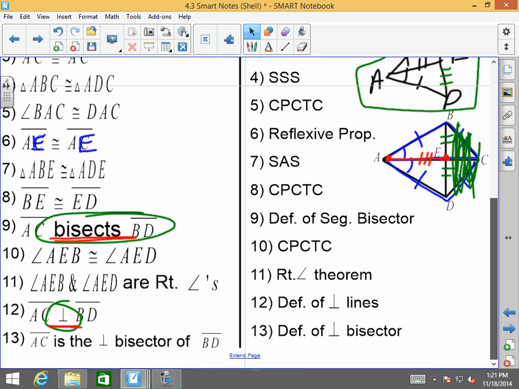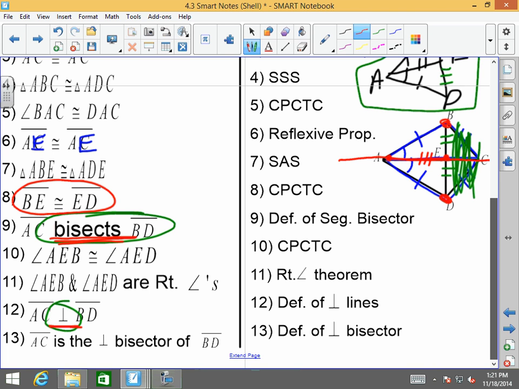Now, some of you may say, but Mr. Morrow, didn't you already prove it by saying that BE is congruent to ED? Yes, you proved that they're congruent, but what does that mean in relation to AC? That means now that AC bisects BD, and you have to state that.